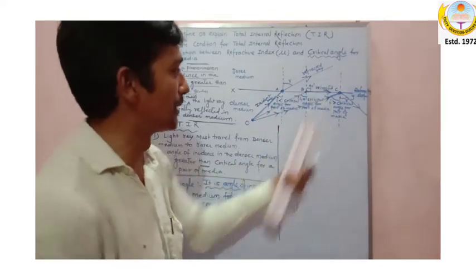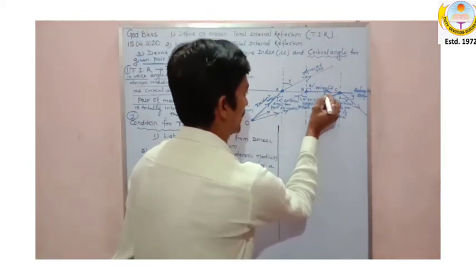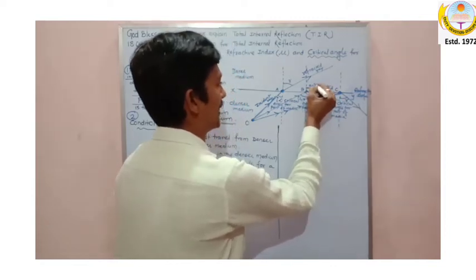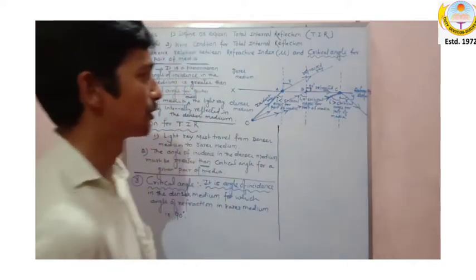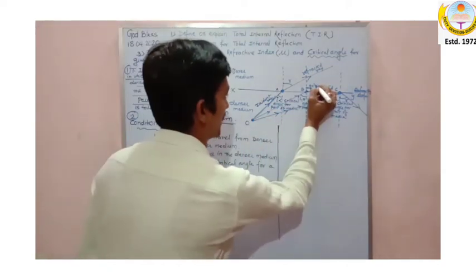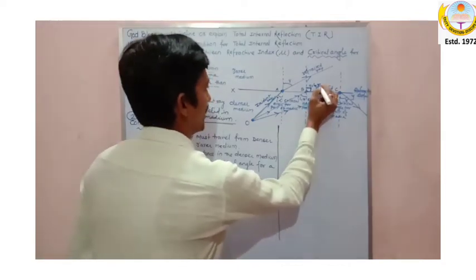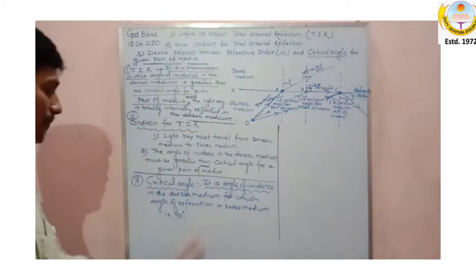In the rarer medium, this refracted ray I have drawn along the refracting surface only. So it makes an angle of refraction of 90 degrees. You can see in the figure. So for which the angle of refraction is 90 degrees in the rarer medium. Am I clear?